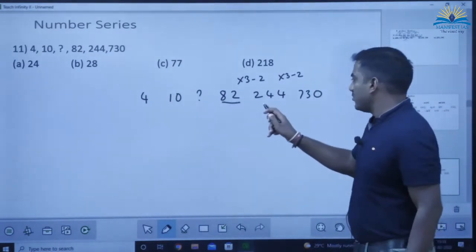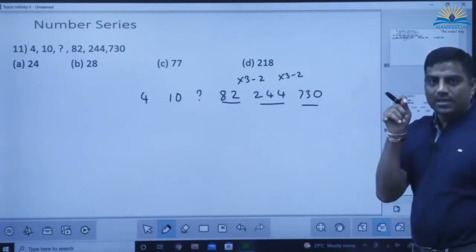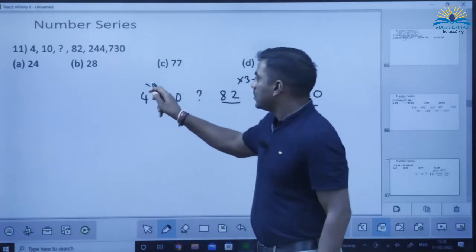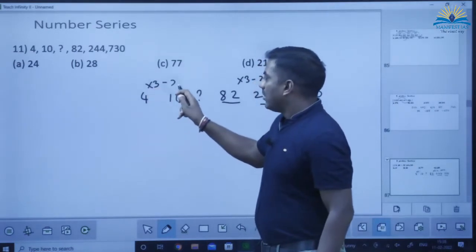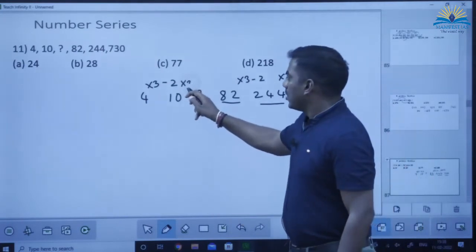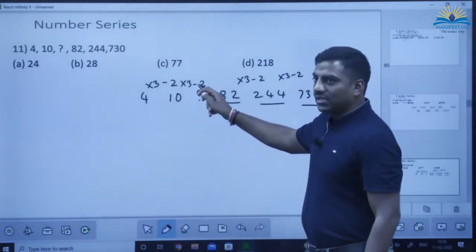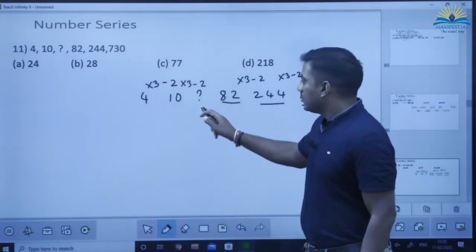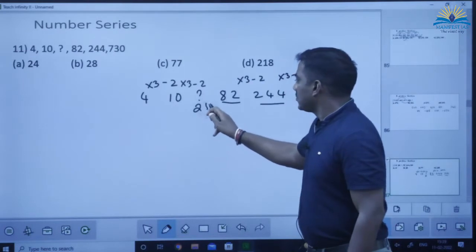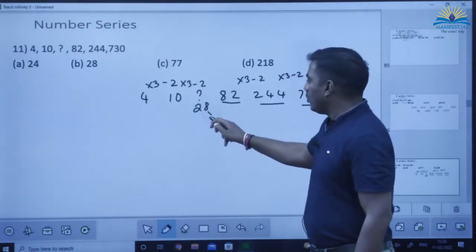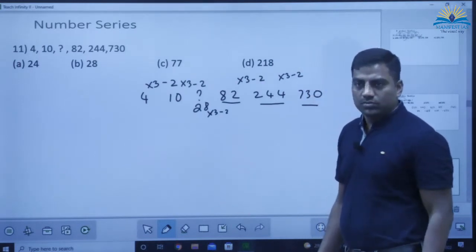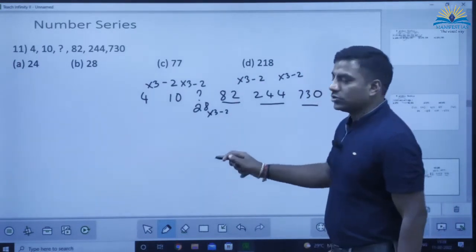We are lucky enough to get a pattern here. Into 3 minus 2. We got 10. Again, into 3 minus 2. 10 3s are 30 minus 2. Apply the same thing. 28 into 3 minus 2. 84 minus 2 would get us 82.